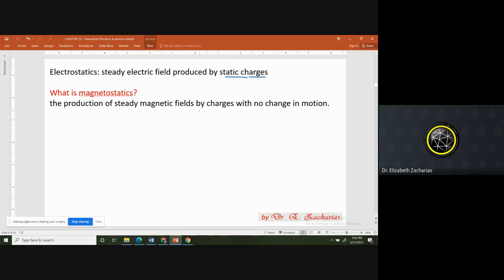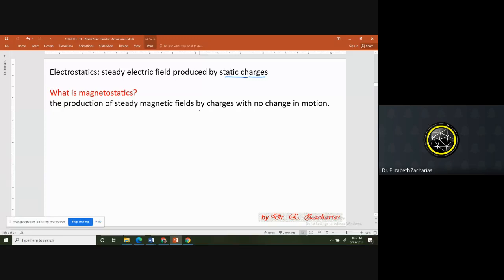Electrostatics is the study of electric field produced because of static charges. Electric field can be produced because of moving charges also. But then moving charge will simultaneously produce magnetic field also. And that electric field and magnetic field are going to be related to each other. But in electrostatics, no magnetic field. It's just a steady, constant electric field at a point.